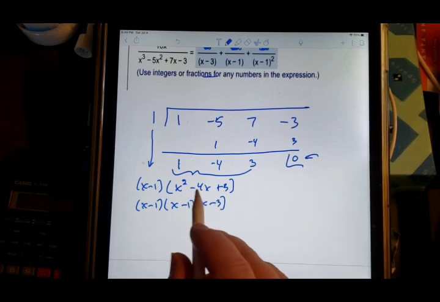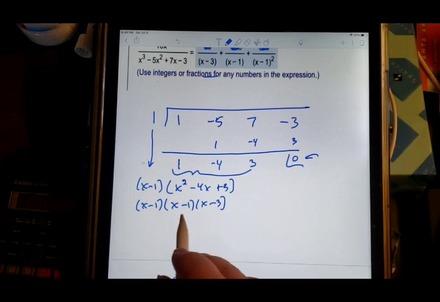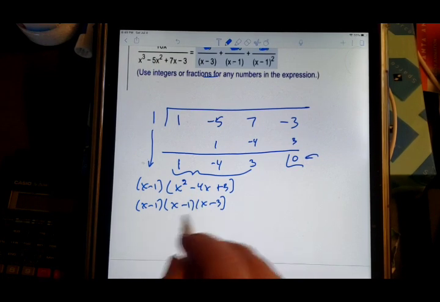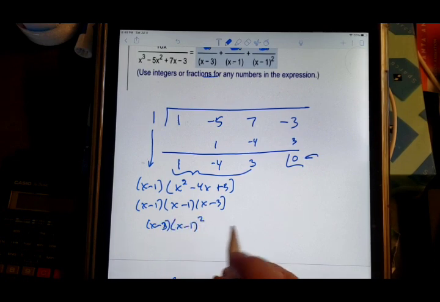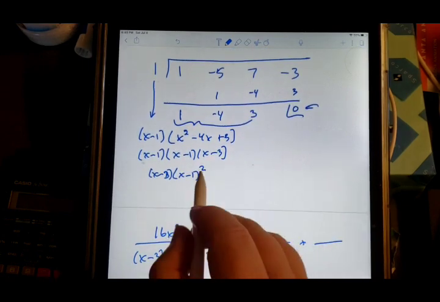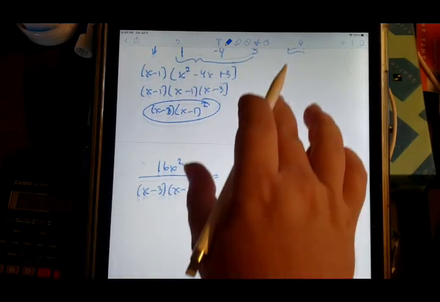Numbers that multiply will be -3 up to -4. And notice I get, well, if I put the x minus 3 first, I get x minus 3 and x minus 1 squared. So that's the denominator.